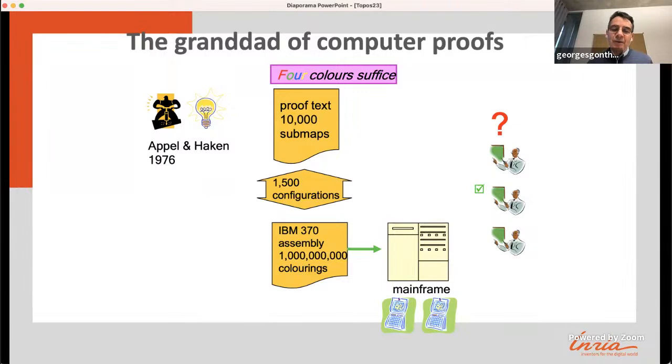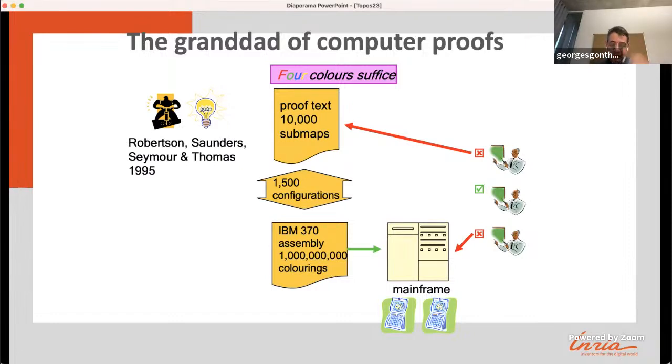So specialists were happy with the proof, and the lay mathematicians were split between the ones that didn't quite buy the analysis of 10,000 submaps in a couple of hundred pages of text, and the ones that didn't trust an assembly program which they couldn't examine properly.